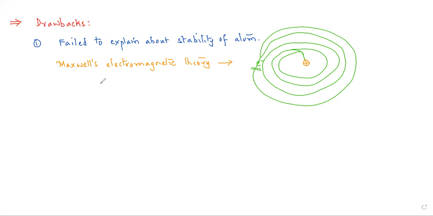In a similar way, here also the electron, while revolving around the nucleus, should lose its energy continuously and finally spiral down into the nucleus. As a result, atoms should collapse.